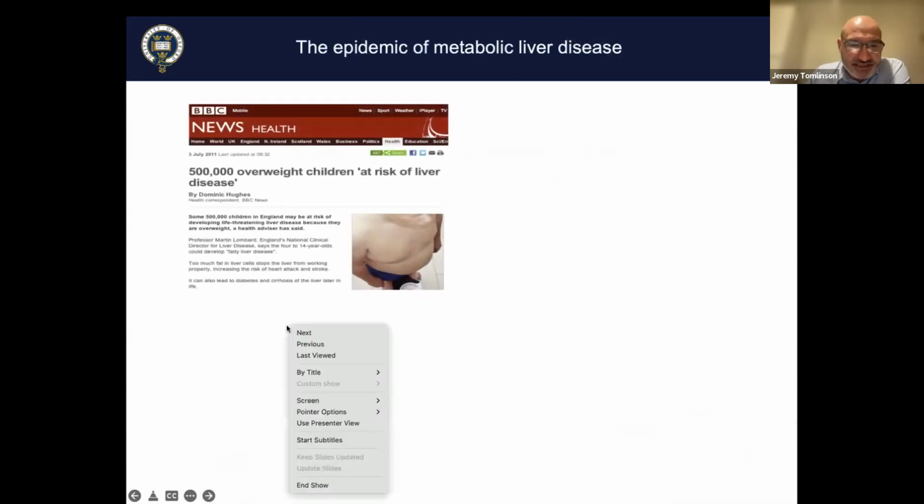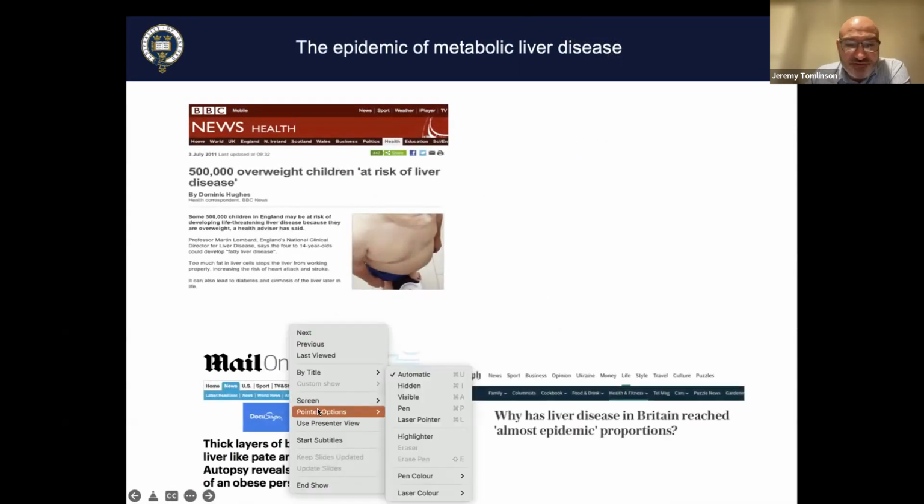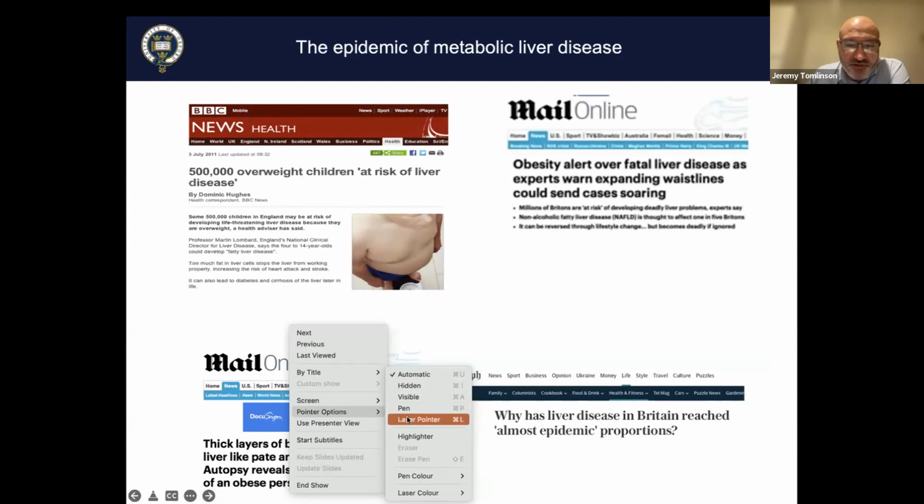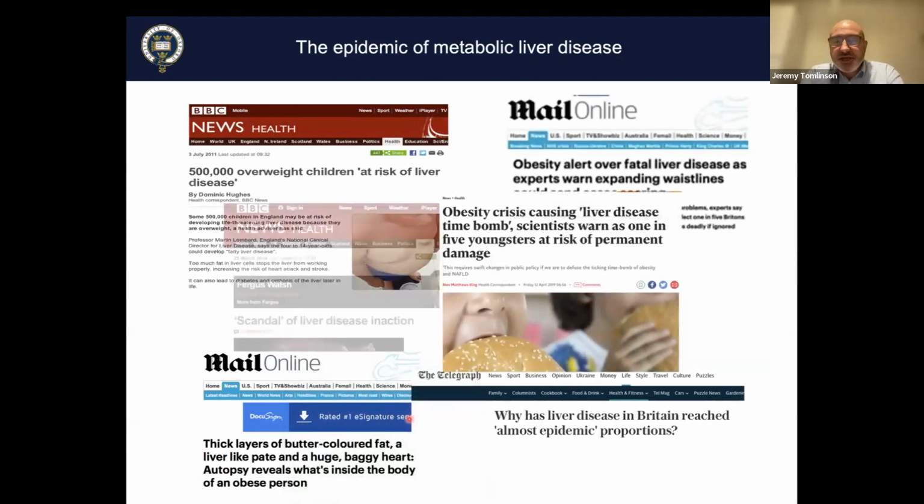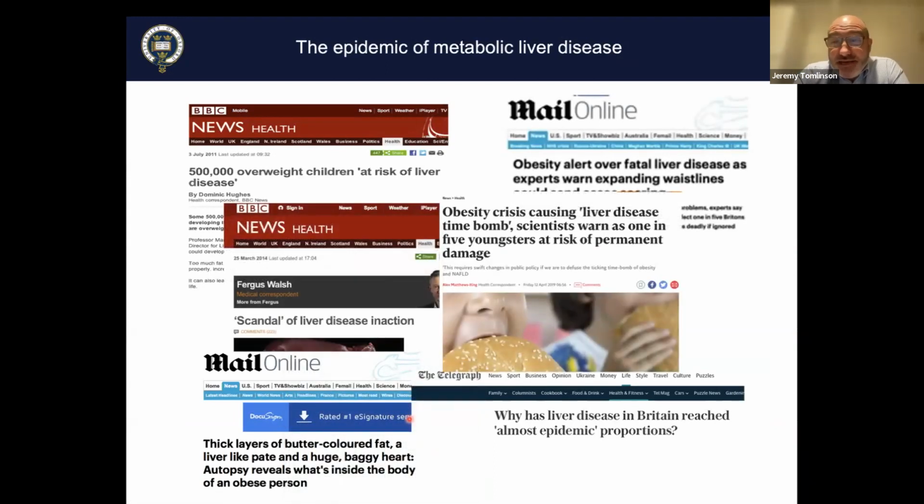Now, fatty liver disease, as we know, is a huge epidemic of monstrous proportions. You really only have to look at the lay press to see that almost on a daily or weekly basis, there's something written about the obesity epidemic and how this might have an impact on our daily lives, in particular focusing on the liver.